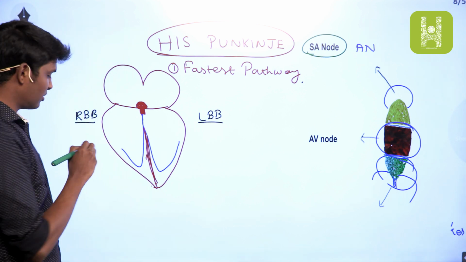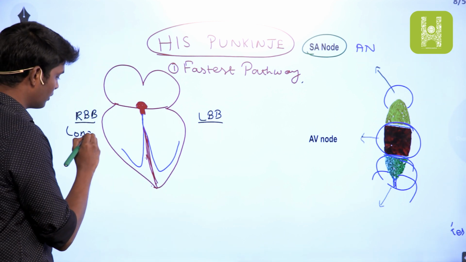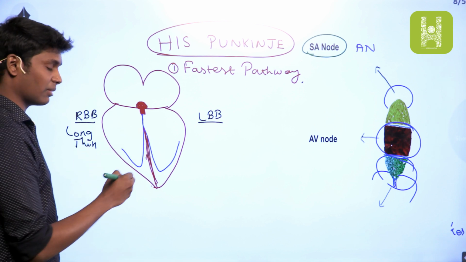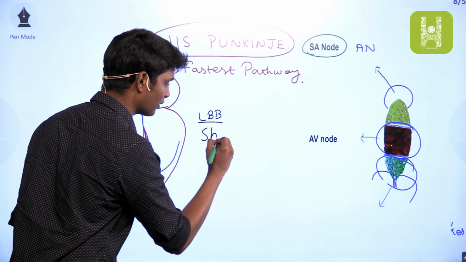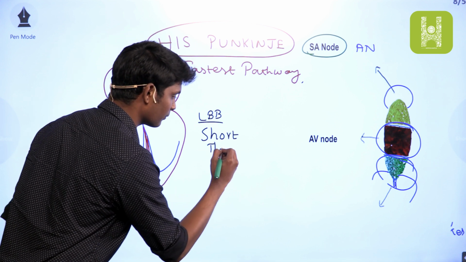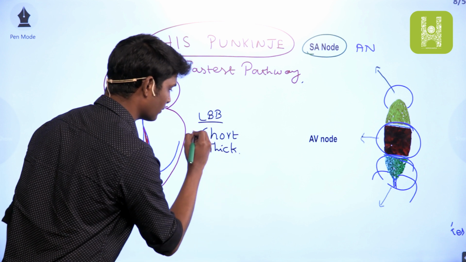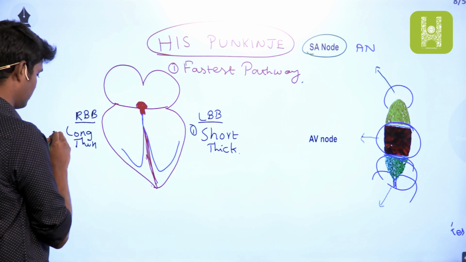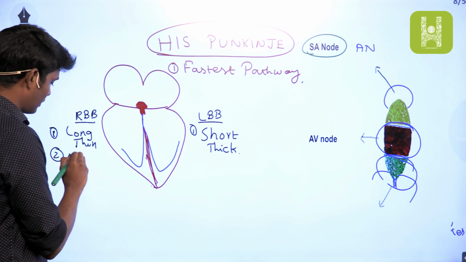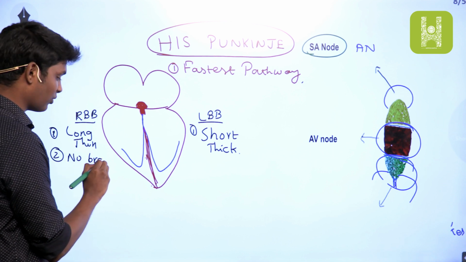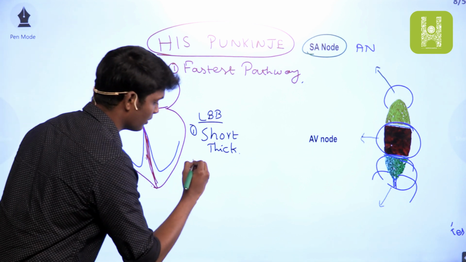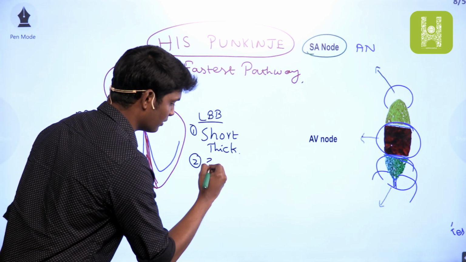The right bundle branch is actually long and thin when compared to the left bundle branch, which is short and a little bit thicker. And there are no branches except for the Purkinje fibers, whereas here there are 3 branches.